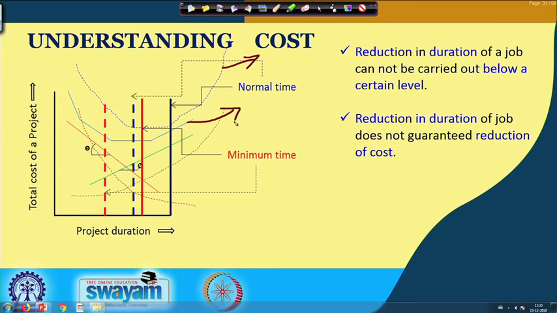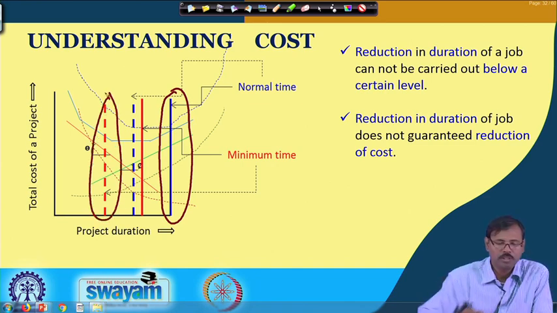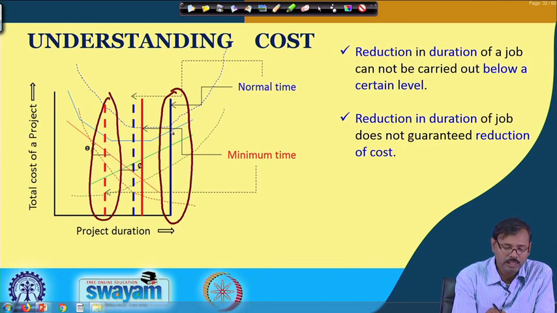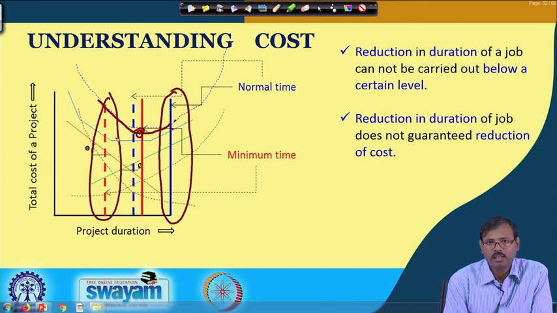And it may also be possible that, for a particular job, this is the normal time and this is the minimum or reduced time, and then what will happen? Initially the total cost is reduced, then it increases again. So, there is a particular point where we can achieve reduced duration and reduced cost as well.